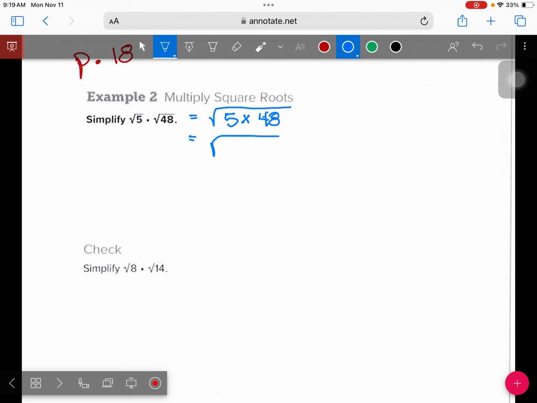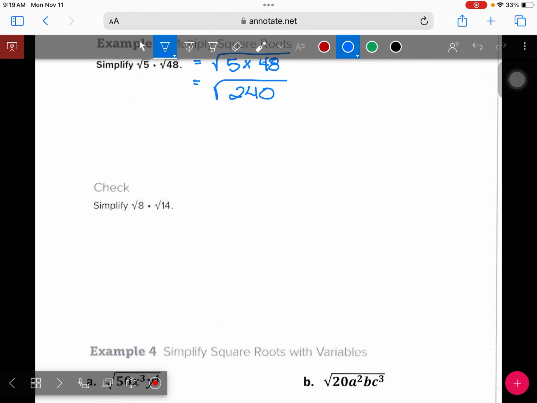And what is 5 times 48? 5 times 48 is 5 times 50, which is 250, minus 5 times 2. So that is 10. 250 minus that is 240. Check my math. Yep, that's right. Okay, so we're taking the square root of 240.